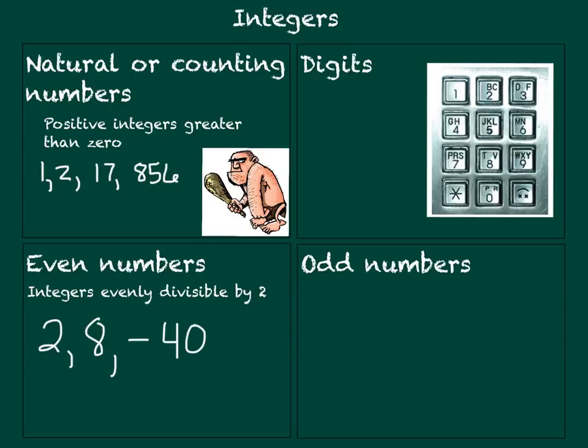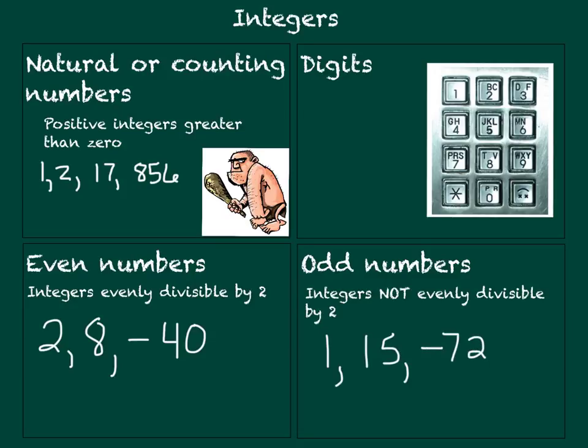Anything that's divisible by 2 evenly. Our odd numbers then are integers that are not evenly divisible by 2. For example, 1 or 15 or -723. Those are not evenly divisible by 2. And then we have that one special number that is neither, and that would be 0.